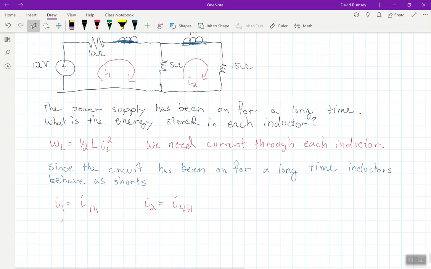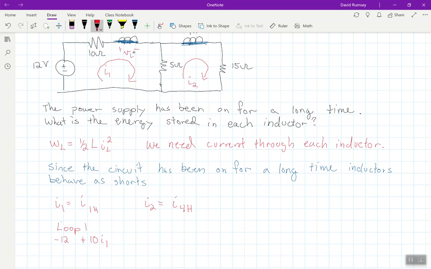All right, let's just go ahead and start writing down some of our equations. So I'll start in loop 1 here. If I do this, I get minus 12, because I'm coming in on the negative side of the 12-volt power supply, plus 10 times I1. Now, sometimes people want to say, oh, wait, there's this voltage VL here.